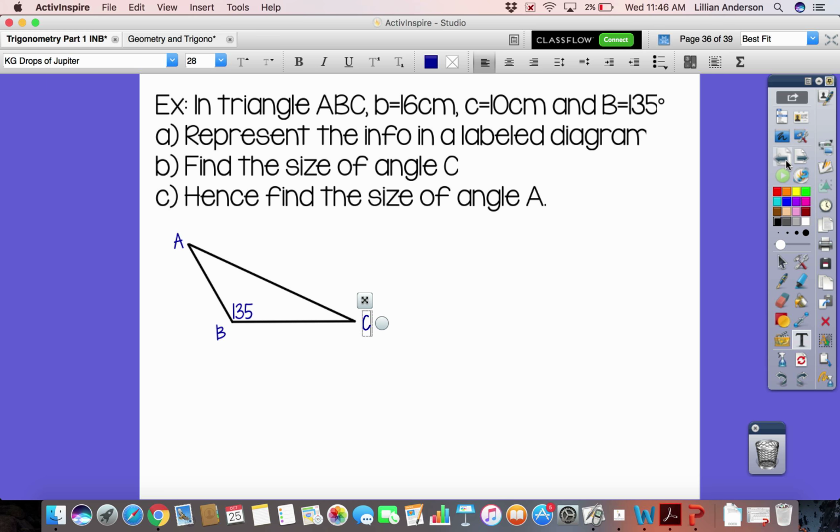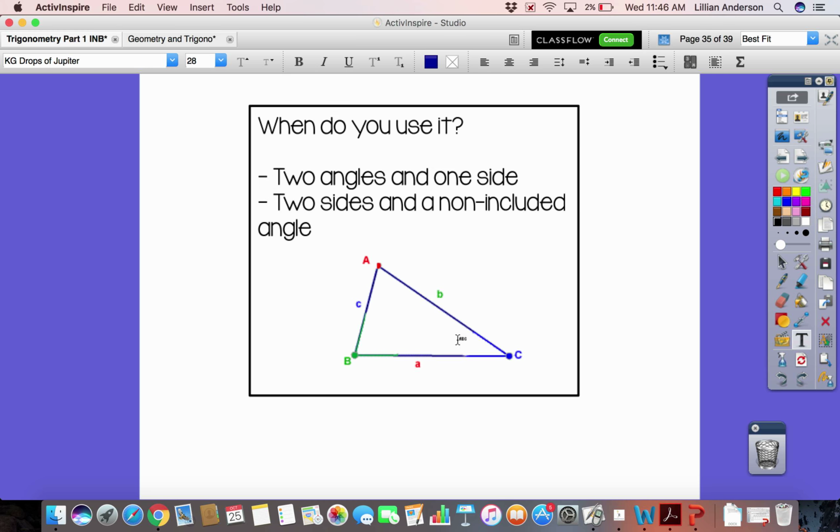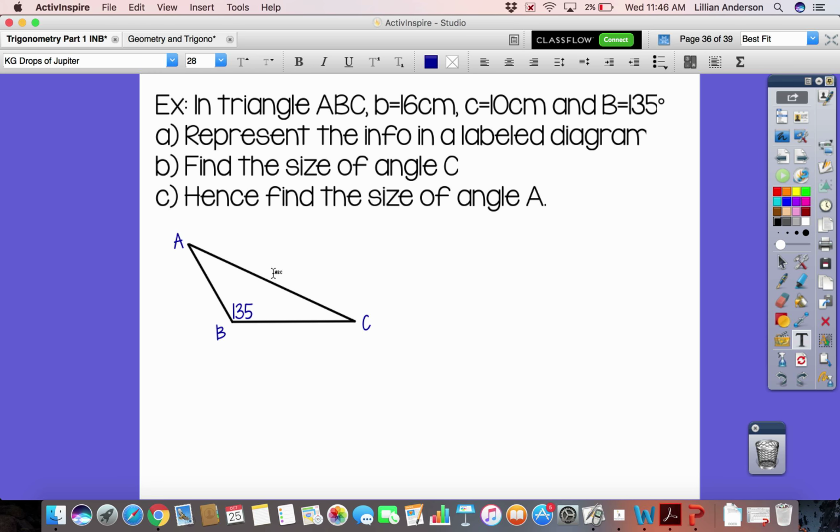Remember, the side lengths go across from the angles based off of the picture. And you won't always be given A, B, and C, but you should be able to label the triangle based off of whatever the letters of the triangle are. And side c goes across from angle C. So it'll be there. And there is a labeled diagram to represent your information.